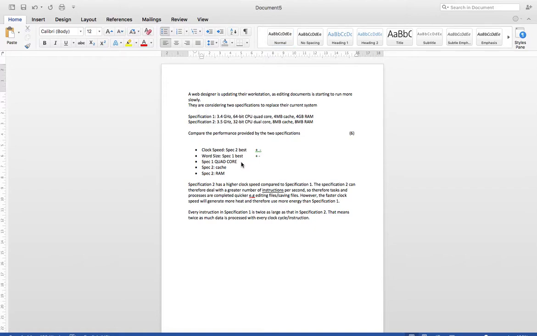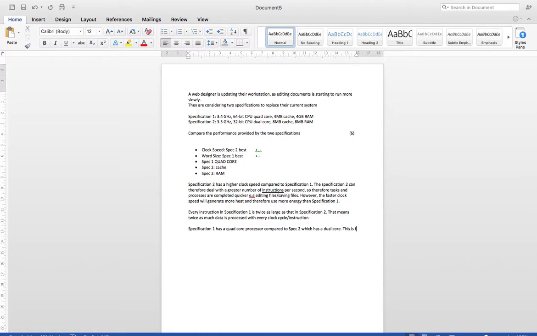Not really negatives to the quad core as much as the clock speed has. So what can we put there? Well, specification 1 has a quad core processor compared to spec 2, which has a dual core.